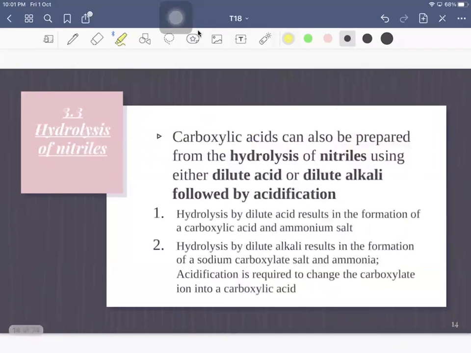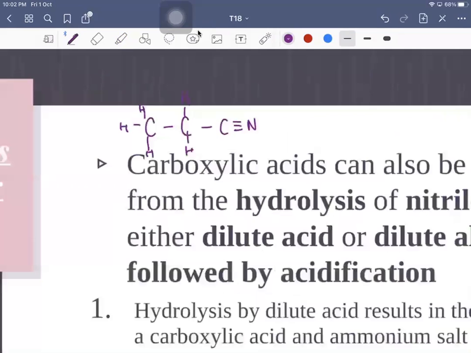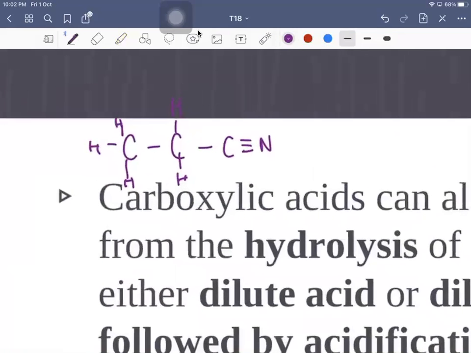Moving on to the next reaction that produces carboxylic acid is the hydrolysis of nitriles. I don't know if you remember where you produce nitrile, but nitriles is when you have CN. I'll show you. CH3, CH2, C triple bond N. Okay, not sure if you can see that, but this is nitriles.